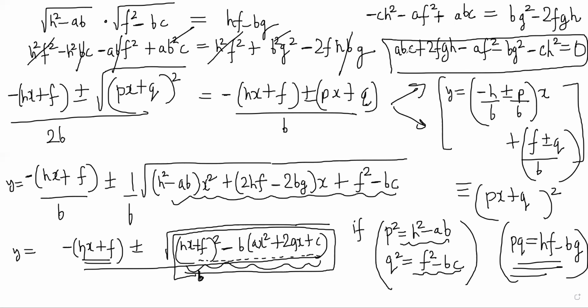So we are saying that this is a condition on the coefficients of the degree 2 equation in x and y, and if the coefficients are not satisfying this condition, then you will not be able to take this as a perfect square, and you will not be able to make a root out of it, right? So what have we learned so far?